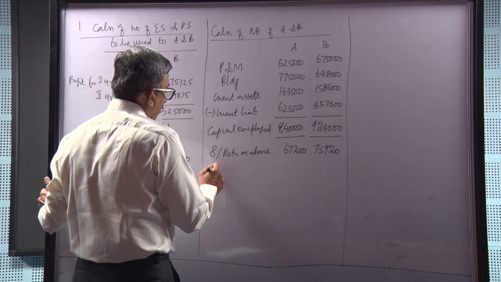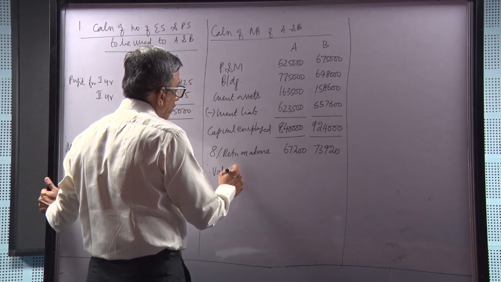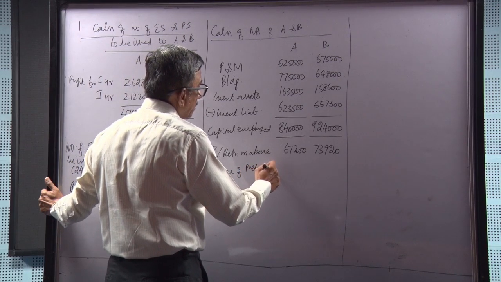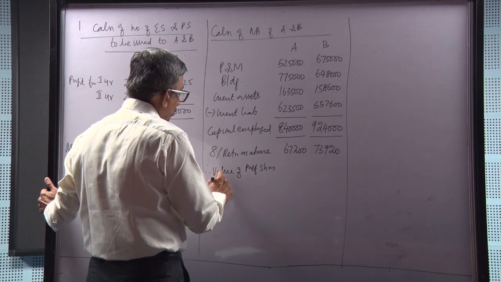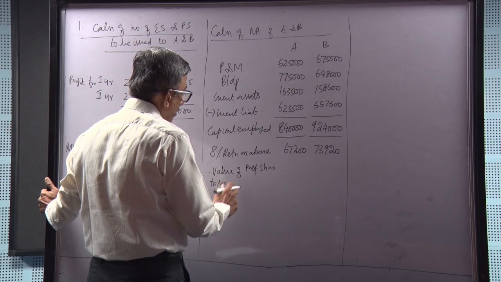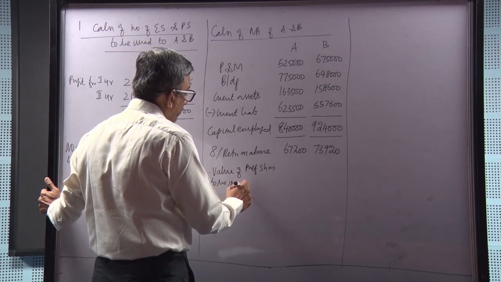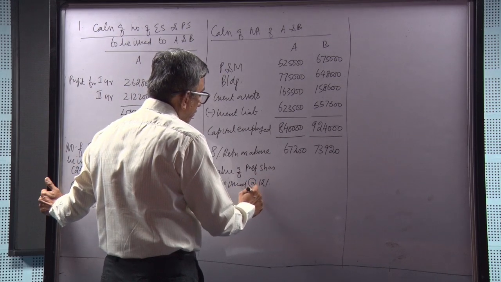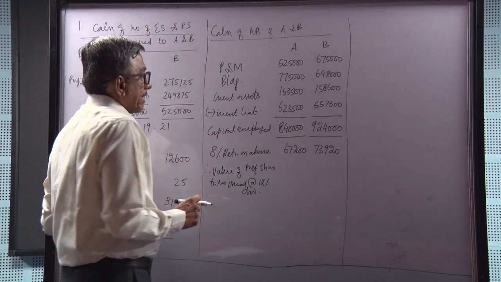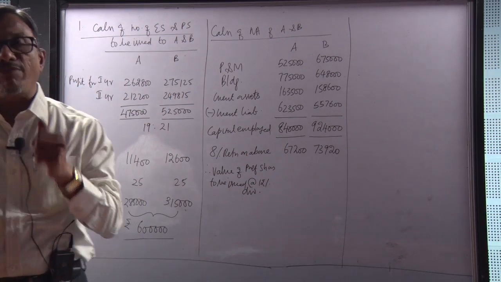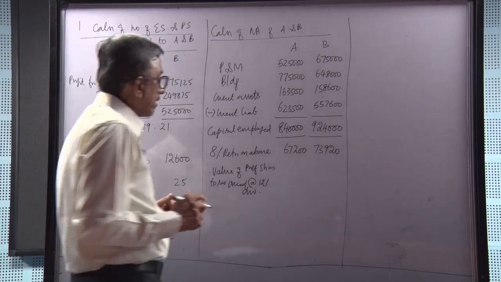So you write, therefore, value of preference shares to be issued at 12% dividend. That means the same income should accrue, but the dividend should be 12%. For what value dividend preference share should be given?